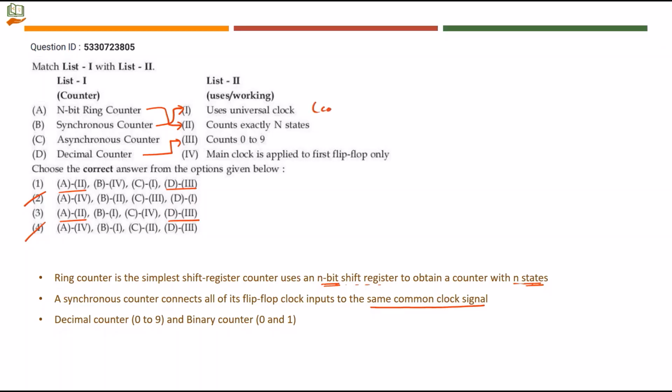This is what they have mentioned as the common clock signal in the statement here. Then what about asynchronous counter? The main clock is applied to the first flip-flop only. That's why we have the term asynchronous. So, C will be mapping to 4. C4 and D1 is available in option 3. Option number 3 will be the right answer. We have also ruled out option 1.